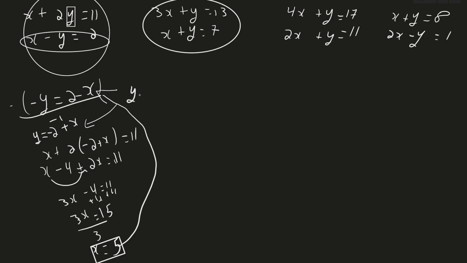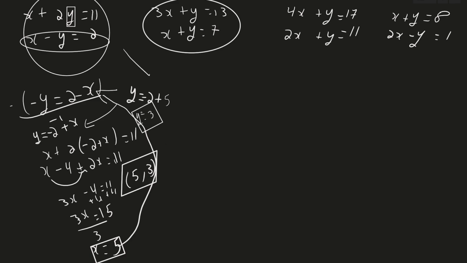So we know y equals negative 2 plus x, and if we plug in 5 for x, which is gonna leave us with y equals 3. Perfect. And we can just write this now: 5 as the x coordinate and 3 as the y coordinate. So this is the final answer.